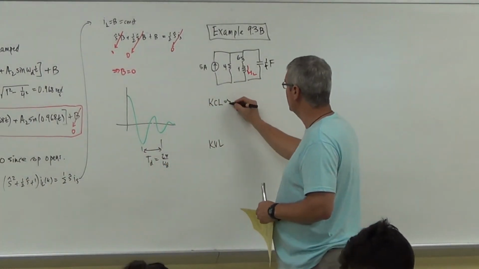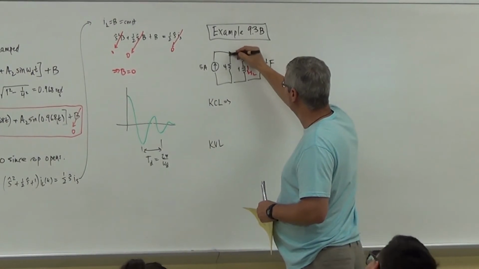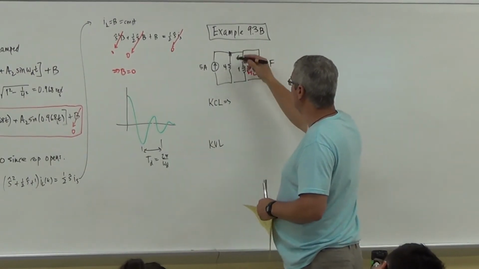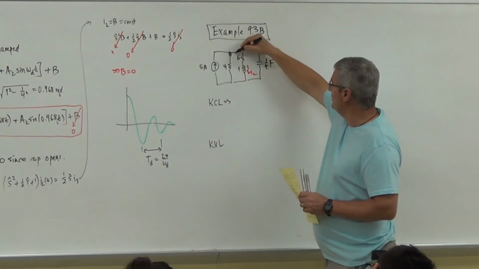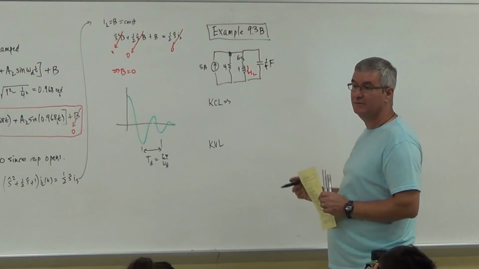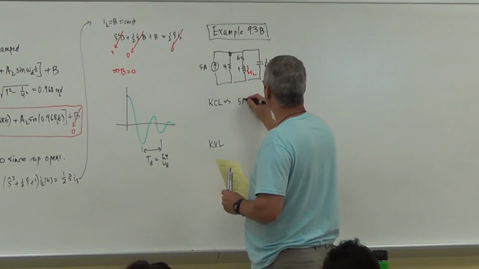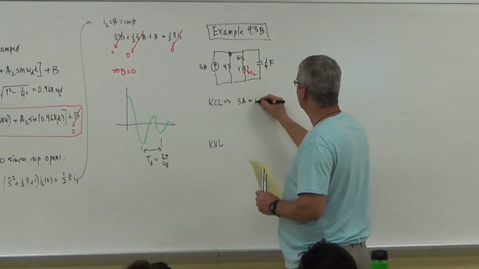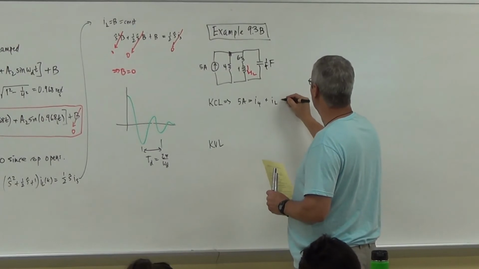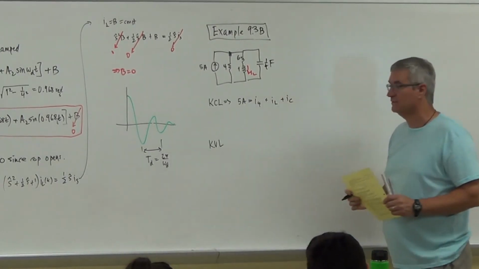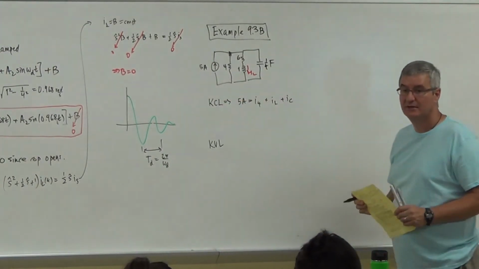So let's do it. I've got to look at all of these currents here, right? KCL has only really one node all the way across this thing. So 5 amps must equal the current of the 4 ohm plus the current of the inductor plus the current of the capacitor. At the top node, that 5 amps is going like this.